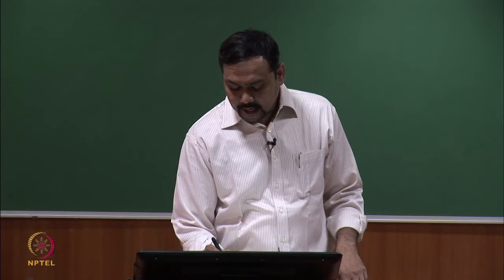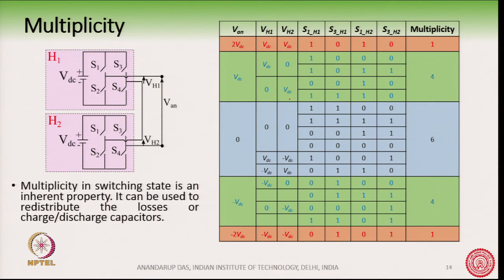In that case, I will use this multiplicity instead of that multiplicity. I will choose this one, because then I am able to bypass the capacitor, so that the voltage on the capacitor is not further increased. The reverse is also true.